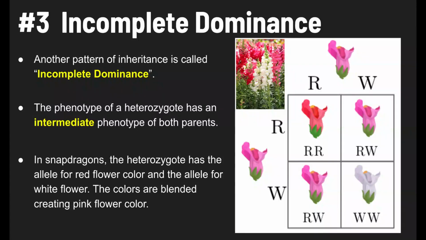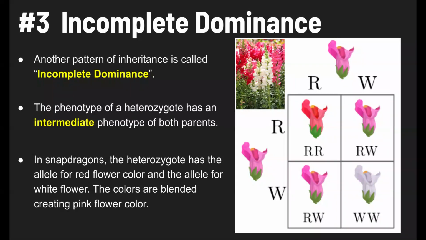And an example of this would be in a flower called snapdragons. So in snapdragons, the heterozygote has the allele for red flower color, which is a big R, and the allele for white flower color, which would be a big W. So notice the letters are similar to the example from codominance that we just saw in roan cattle.